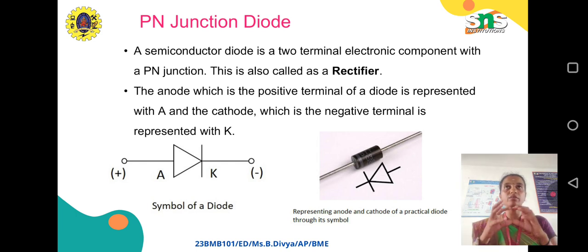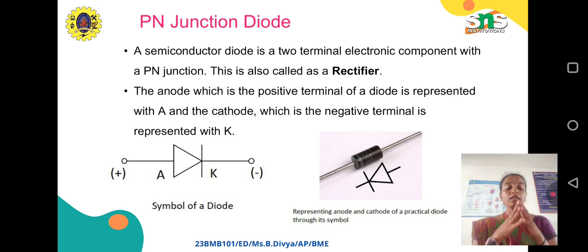Rectification is when the input signal can be a sine wave, and by using a rectification process we can reduce the noise produced in the input signal, and the output will be produced according to the application. We will have different kinds of rectifiers.